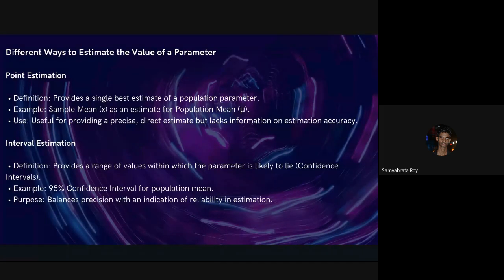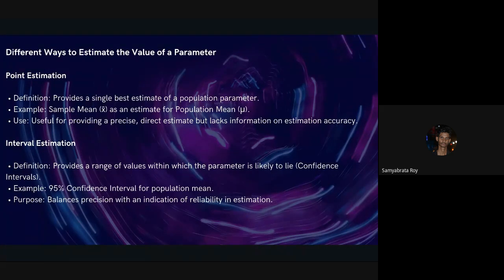So we can include the probabilistic scenario in this estimated value as well. So it actually shows a precision and balance within the reliability of the estimator.